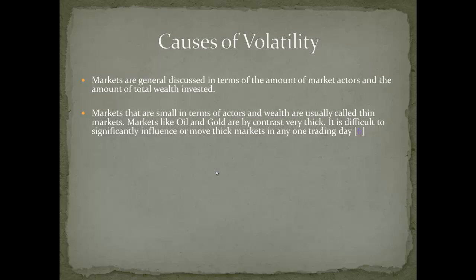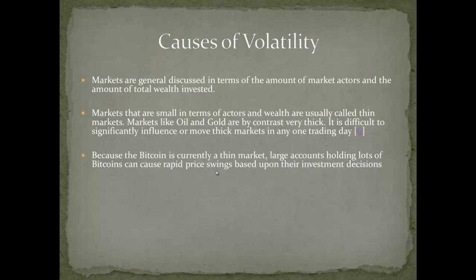It's very significant. But for the most part, you can manage volatility in thick markets much better than you can manage volatility in thin markets, because in a thin market, a single entity can go ahead and sell, and that could cause a rapid, radical price swing. Or a single entity can decide to invest, put a few $1 million into the market, for example, and then all of a sudden it can cause a rapid rally.